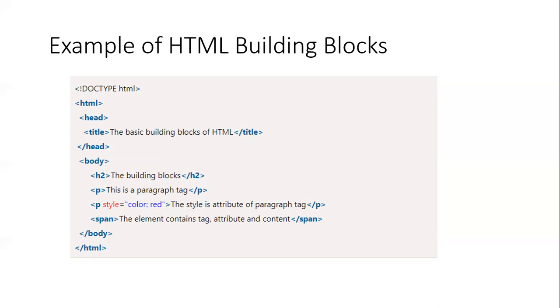Likewise, our programs also have the head tag and the body tag. Inside the head tag, it contains only the title content, which will be displayed in the browser address. And inside the body, there will be the other tags appearing, such as h2, paragraph tag, span, and so on.